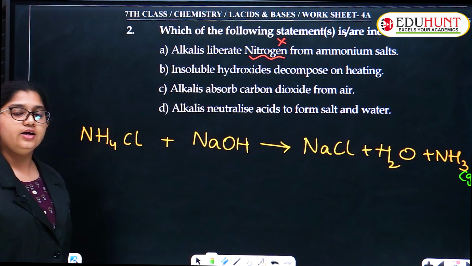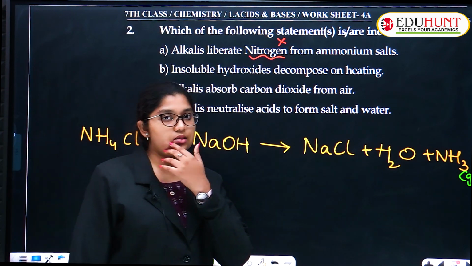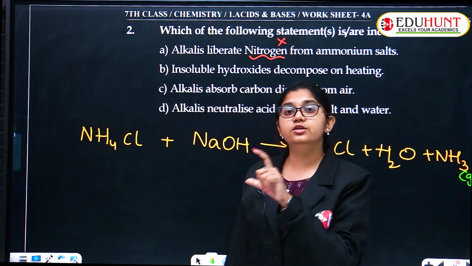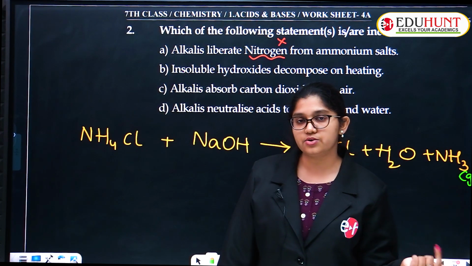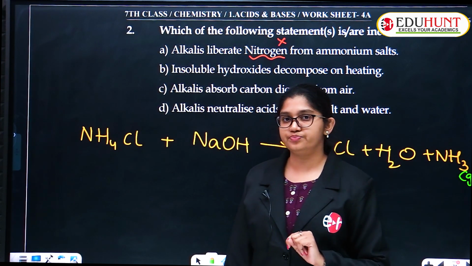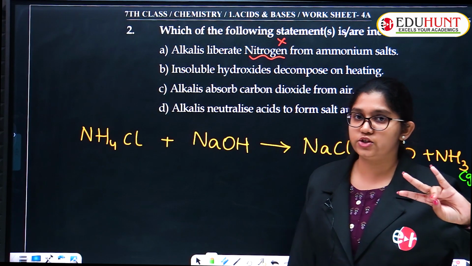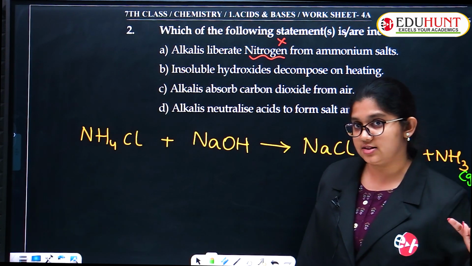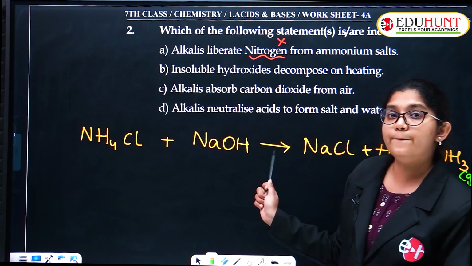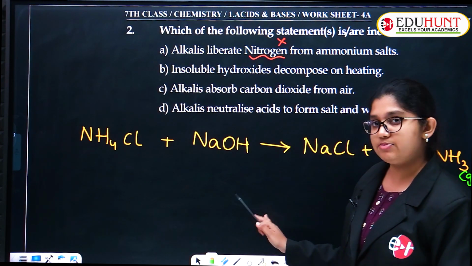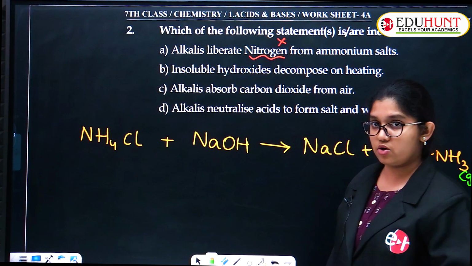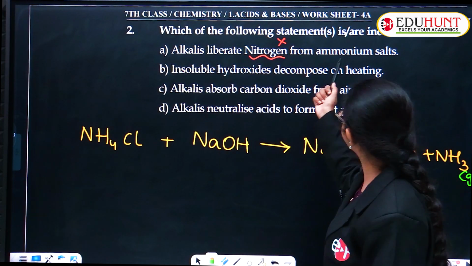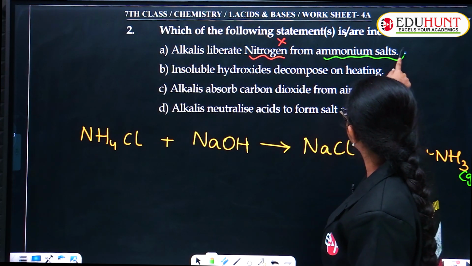I told you in that video about the general properties of soluble bases or alkalis: taste, touch, effect on indicators, then action with acids, and the last one is action with ammonium salts. In that concept I gave this example also, the reaction of sodium hydroxide, where you can observe the liberation of ammonia.